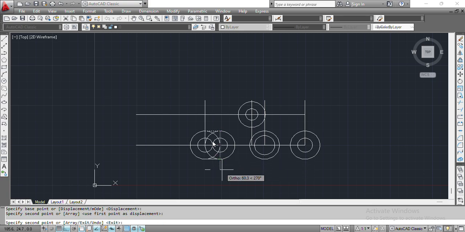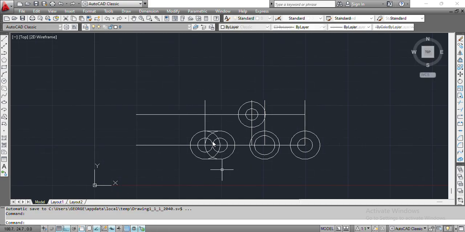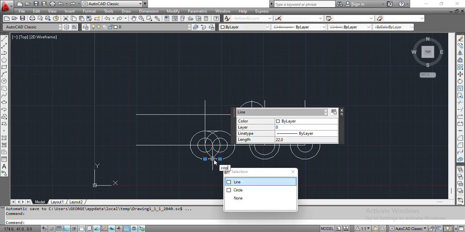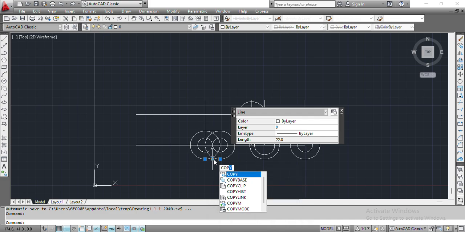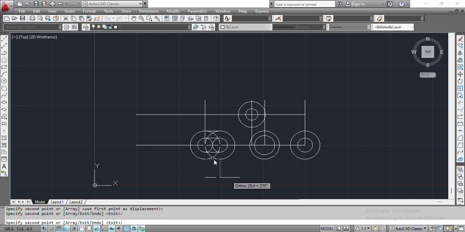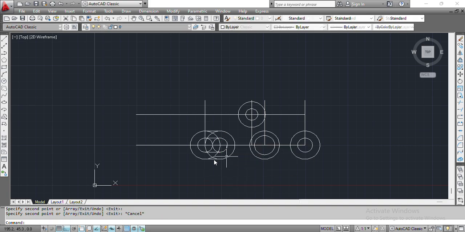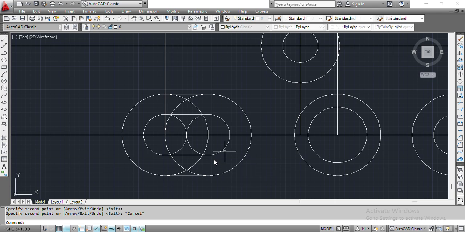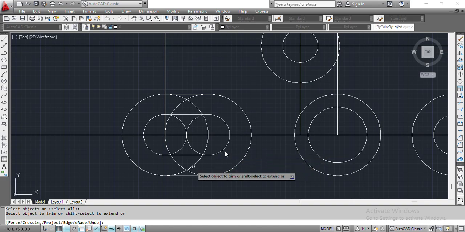Copy the line to the other quadrant, don't copy the quadrant. Yes. So again copy the line. Again, good. Now it is okay. We can zoom this so that we trim this.